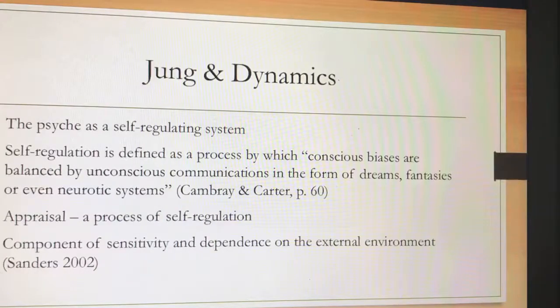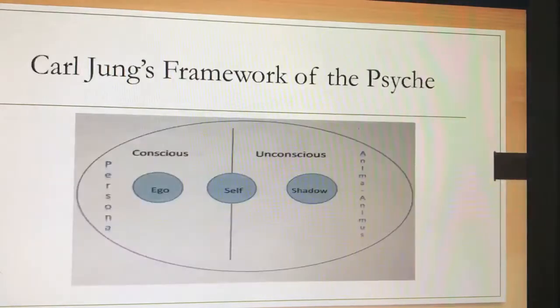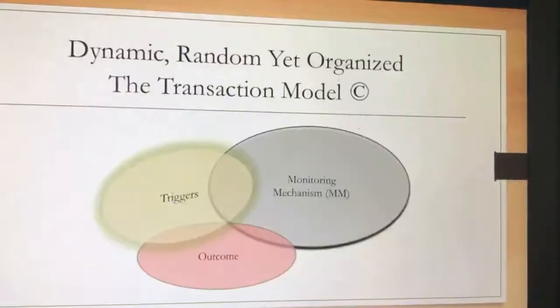The pioneering research of Sanders in 2002 asserted that each living system, each organism, is seen as self-organizing, self-regulating, and self-correcting within its surrounding and its environment. This concept is also very similar to Jung's assertion that the psyche is a self-organizing and self-regulating system.